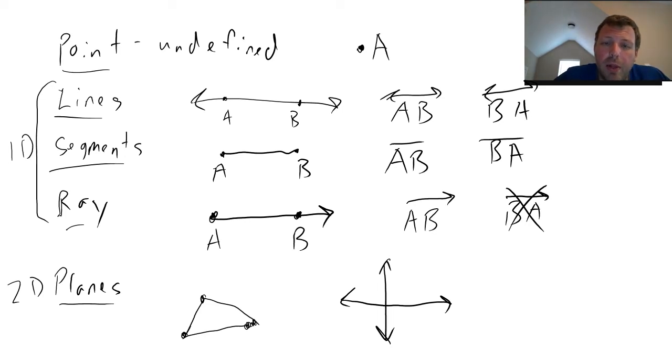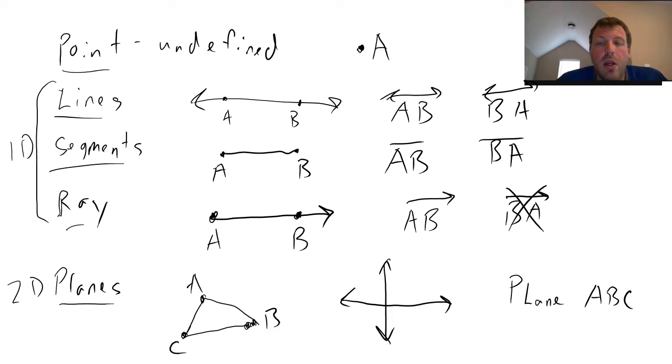So if we want to name a plane, we always name it using 3 letters. So I don't have a symbol for plane, so we just say plane, and we could say like ABC. So that's how we label planes. If there's more than 3 points that are making a plane, so let's say there's 5, we would just label it in order.